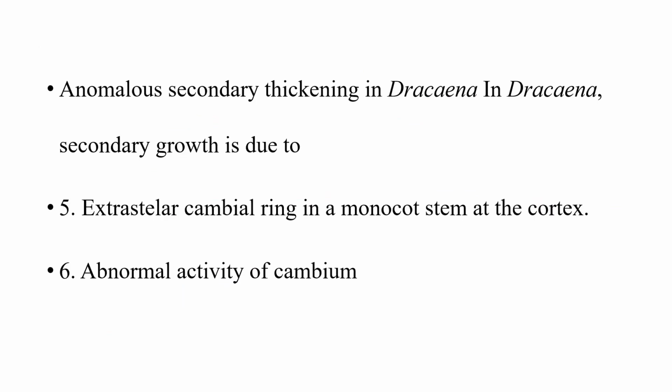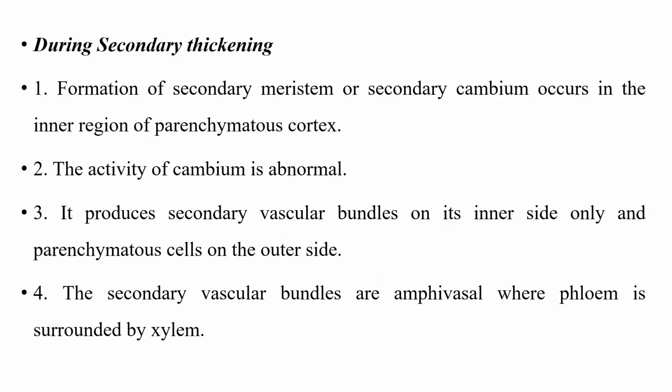Anomalous secondary thickening in Dracaena is due to the extrastelar cambial ring in monocot stem at the cortex. So, in the cortex region, a cambial ring is formed, and it also shows abnormal activity. During secondary thickening, the formation of secondary meristem and secondary cambium occurs in the inner region of parenchymatous cortex.